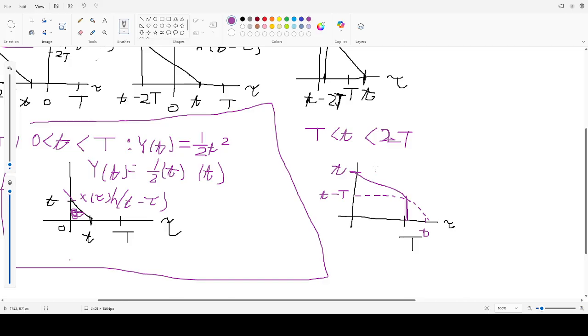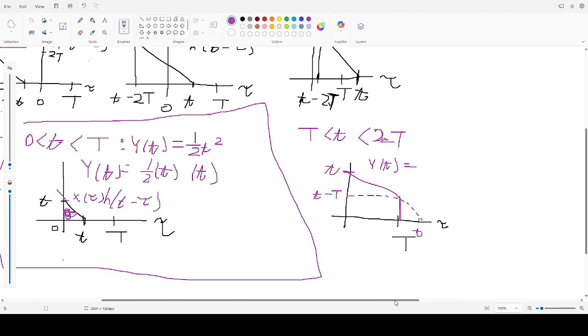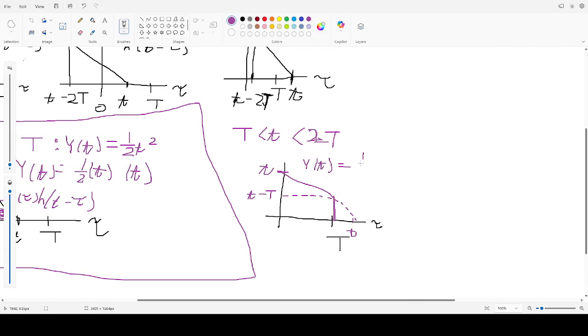So we've got two pieces here. We've got the triangle, which is 1/2 times the base, which is big T, times the height, which is little t. Nope, not little t, sorry.